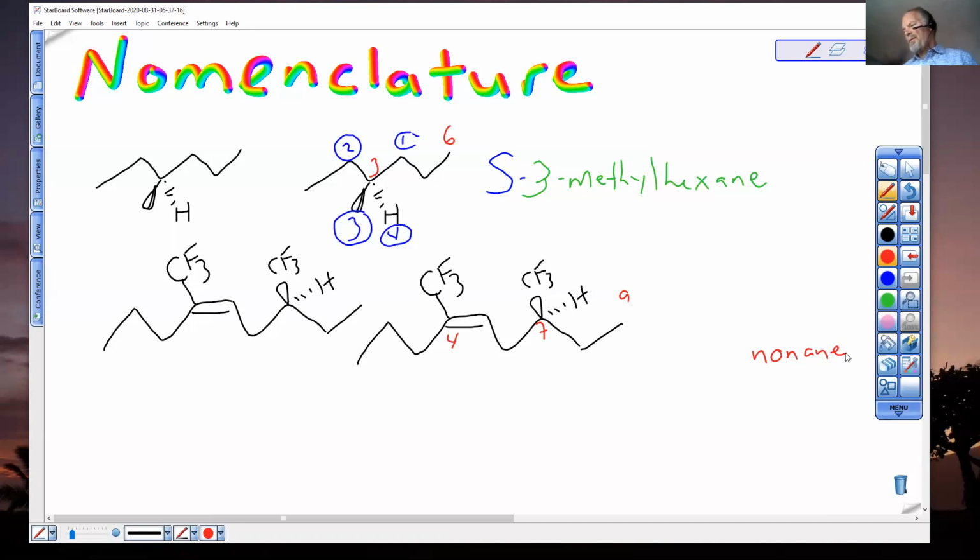And a group with 3 fluorines on a single carbon is called a trifluoromethyl group. Hopefully this fits. Trifluoromethyl. There's 2 of them.